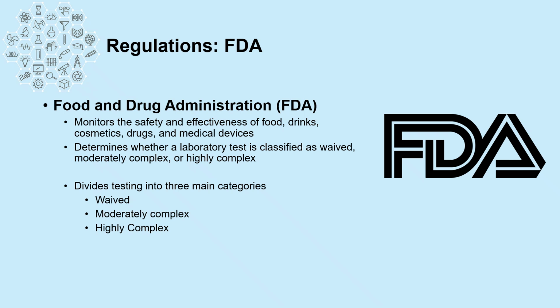We have waived testing, moderately complex, and highly complex testing. So the FDA is going to look at each clinical test performed in the lab, and they notate a number of things like how many steps does the test take, does it require manual interpretation, things like that, and they'll assign it a complexity level. So those complexities are waived, moderately complex, or highly complex testing.